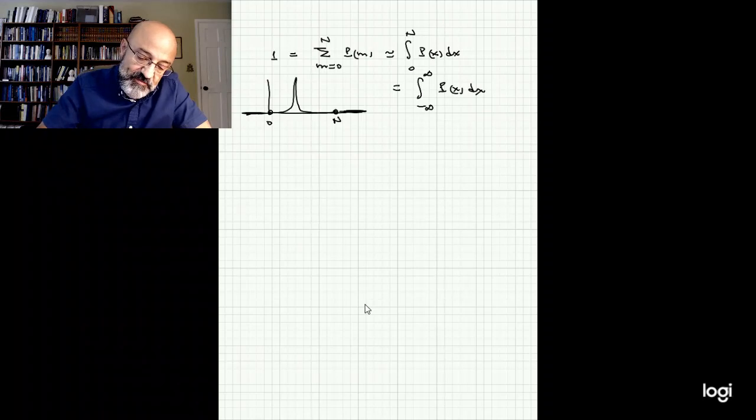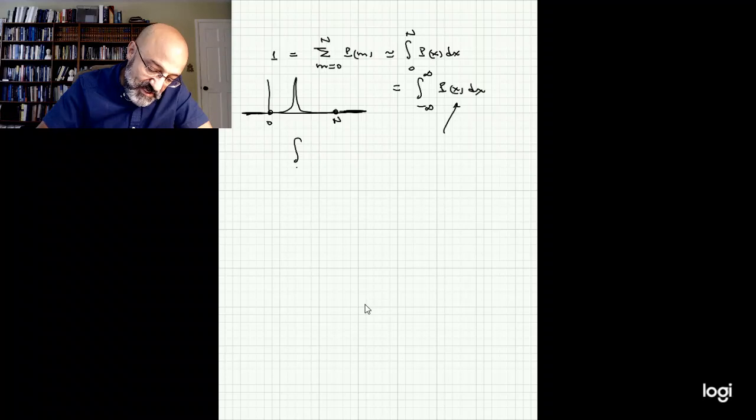So now we look up the formula for how you integrate Gaussians, and what we use is the integral from minus infinity to plus infinity of e to the minus alpha x squared dx. You can just go ahead and look it up in a table.